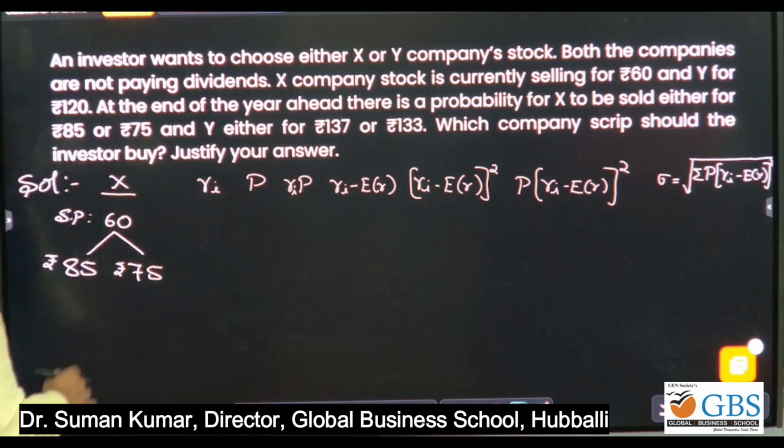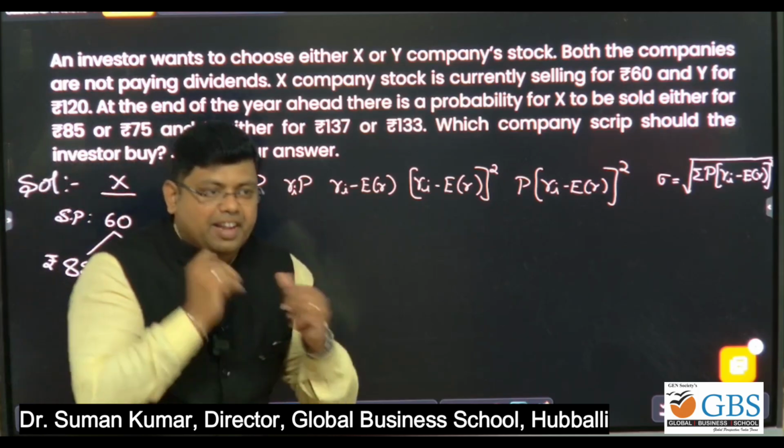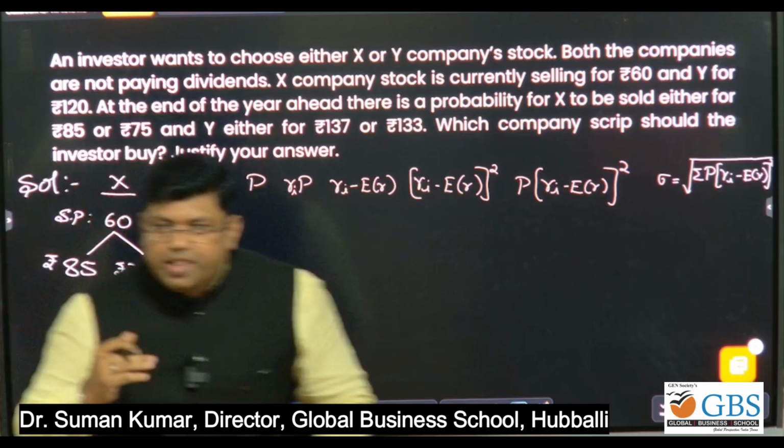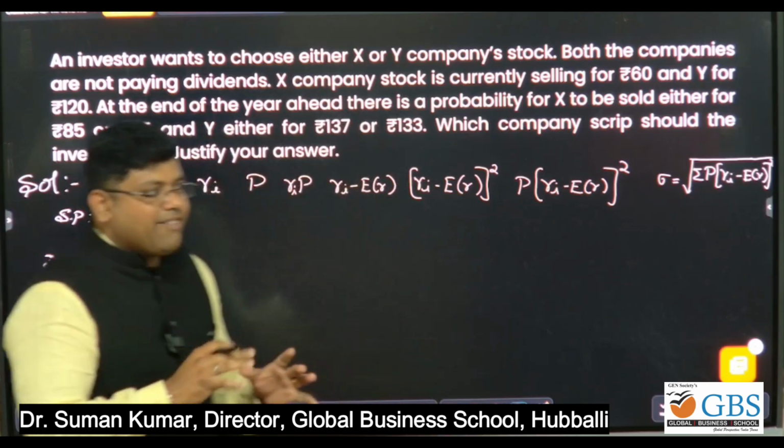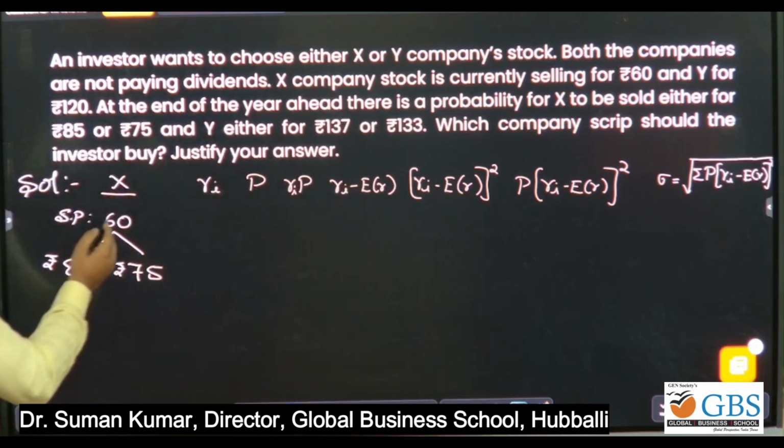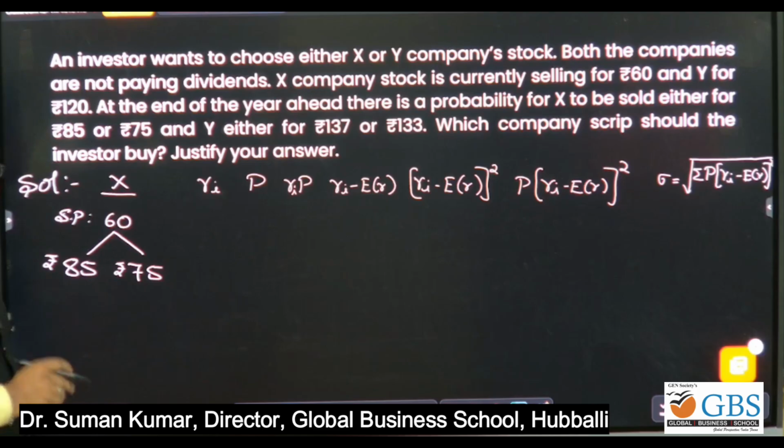Now the question is how to find out Ri, that is the return, because they are not given in this question directly. We need to find out the return. But we have inputs. What is that? 60 rupees becomes 85 rupees.